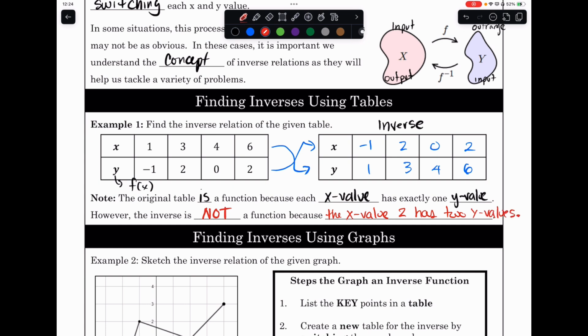So this is not a function, okay? Your x's are repeating. So we can find the inverse to a relation by simply switching the x and y values. So even though this is a function, the inverse itself is not a function, but it's still an inverse.